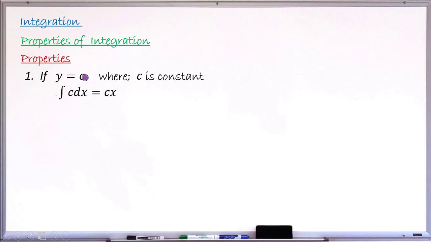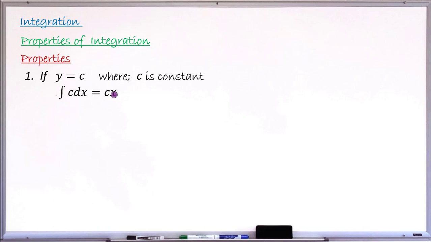That is that very constant number. If it is y equals 2, for example, then the integral of 2 dx is 2x. If it were y equals 10, and you wanted to find the integral of 10 dx, the result is 10x. This is what this property is telling us. That is, the integral of a constant number is that constant number, then attach the letter x to it.